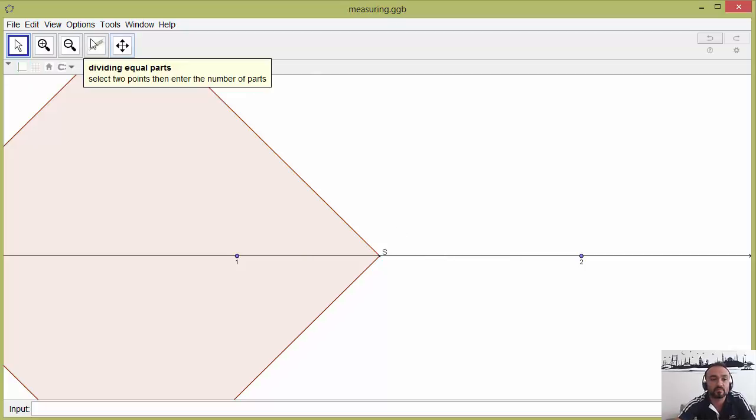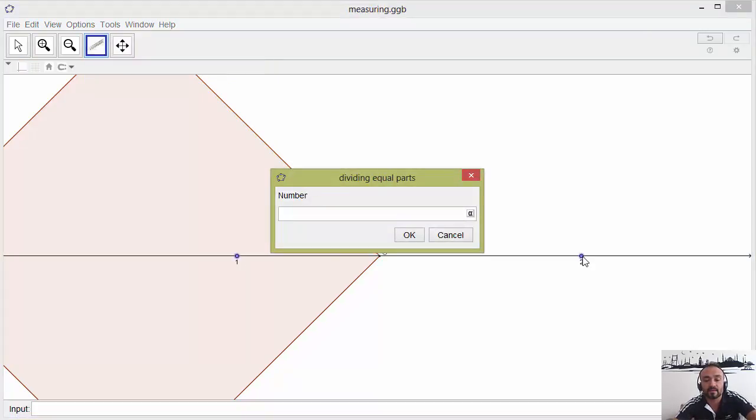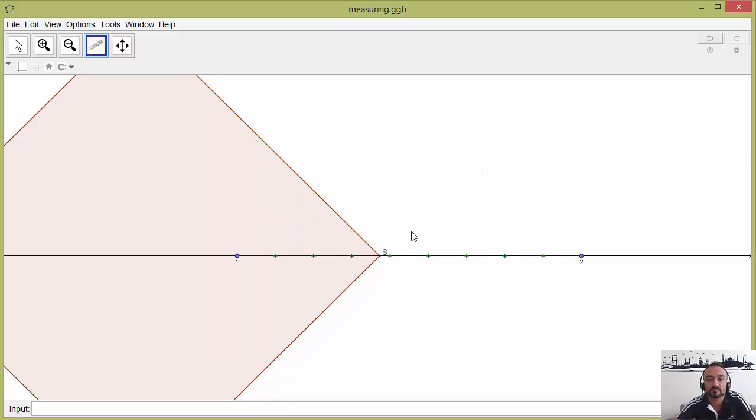Let's delete the partition and try another number. Let's try maybe 9. Didn't work. Again, didn't work.